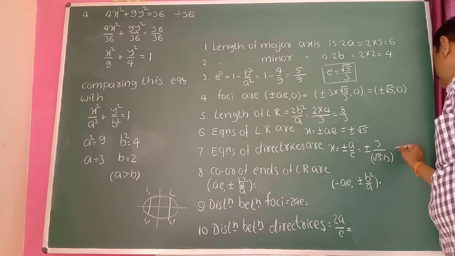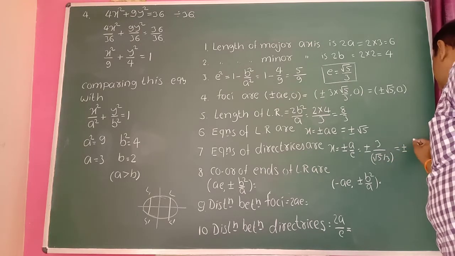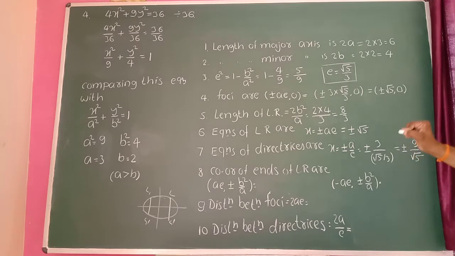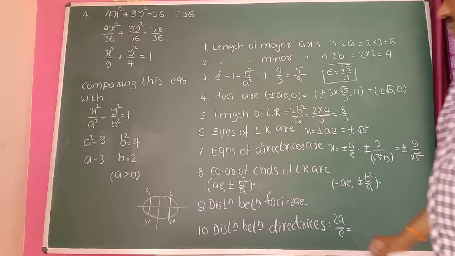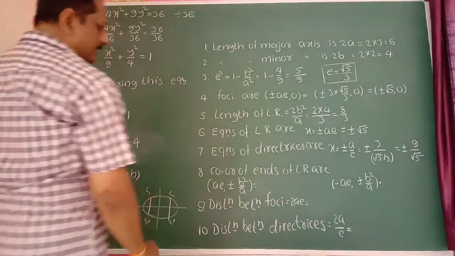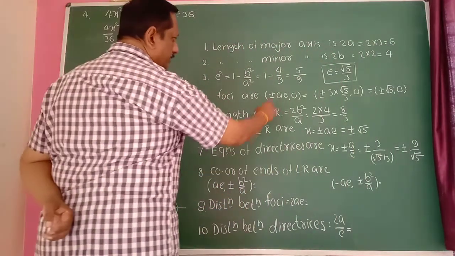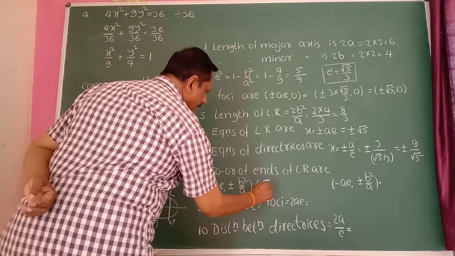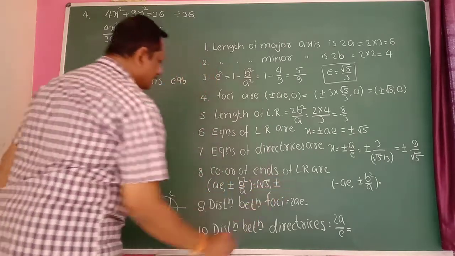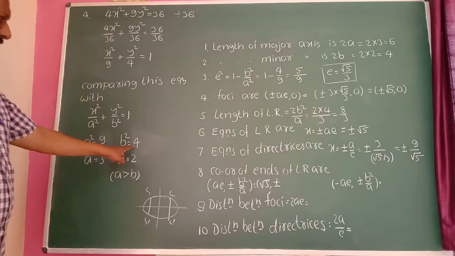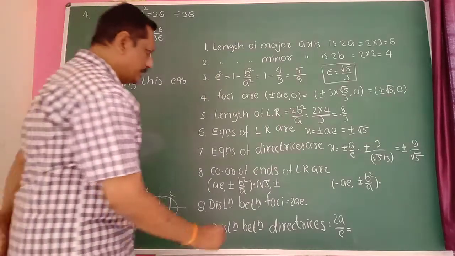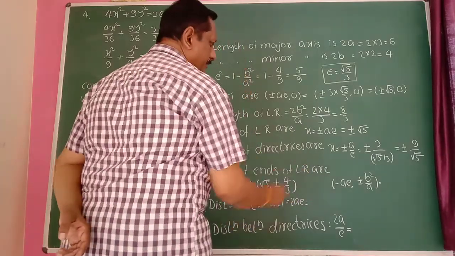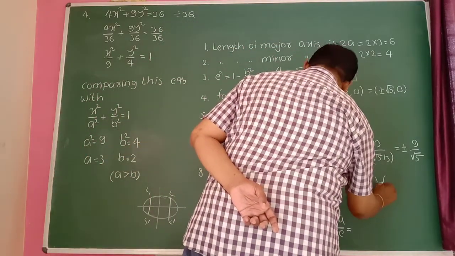So 3 goes to the numerator: plus or minus 9 divided by root of 5. Then the coordinates of the ends of the latus rectum: a into e is root of 5, therefore root of 5, plus or minus b square 4 by a value 3, 4 by 3. And here minus a into e gives minus root 5, plus or minus 4 by 3.